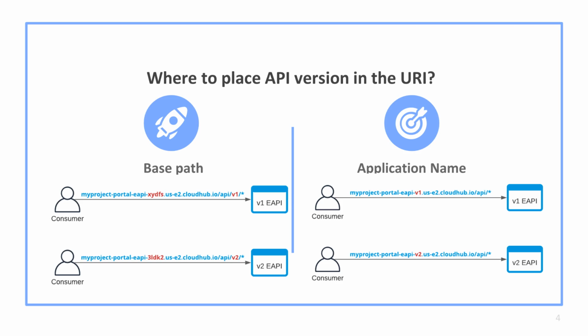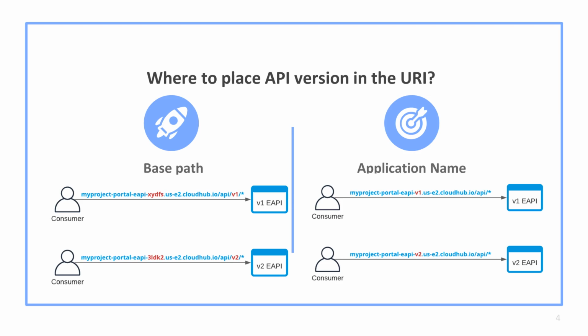Let's take a look at the second approach on the right hand side. As you can see, we have here as well two API versions, and the version is appended at the end of the application name, like my project-portal-eapi-v1, and likewise the second version is eapi-v2. If you take a look at the end of the URI path, you will notice that there is no API version indication whatsoever.